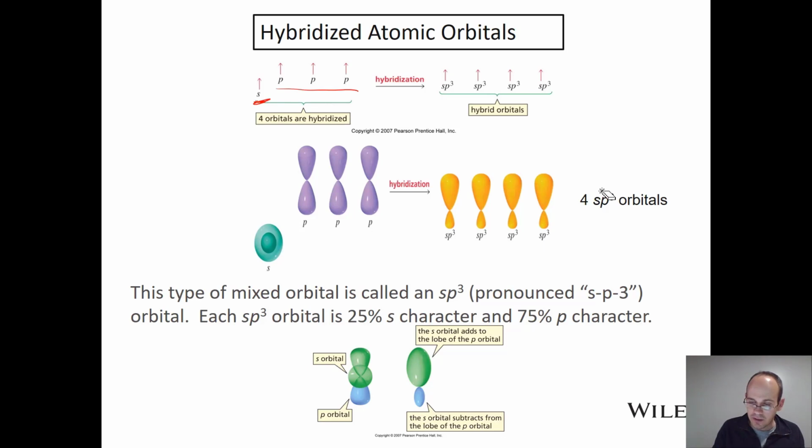Technically, each one should be like s^(1/4)p^(3/4), right? That would be like the long way to write out this. Nobody does that, and that's not a convention or anything. We just call them sp3 orbitals. But there's 4 of them.